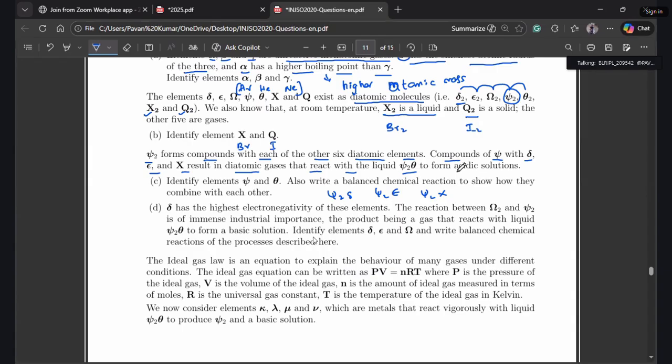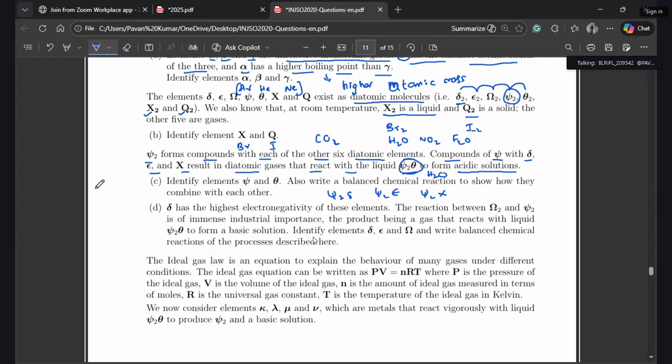Acidic solution they said, correct or not? We already know some particular compounds like CO2. What else is there? Tell me: Cl2O, H2O, NO2, F2O, like that. Anyway, I don't consider Cl2 because Cl is crossing atomic number 20. These are the elements I'm thinking of, as per atomic number less than 20. So they are telling that when they react with the liquid XY2O, I confirm that this is water.